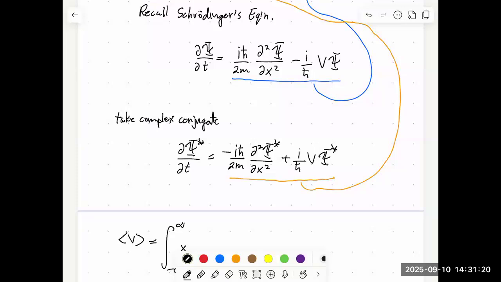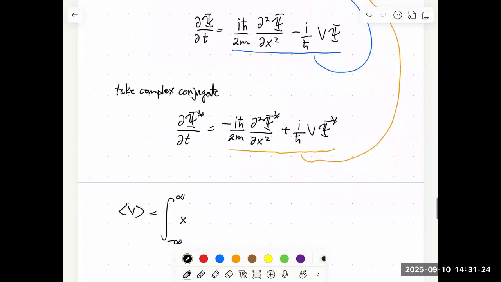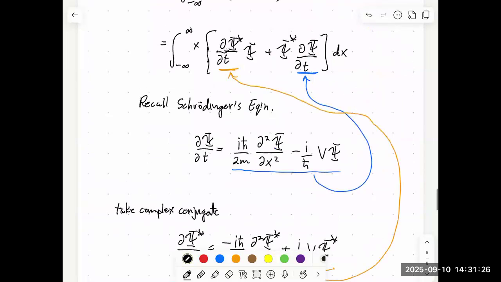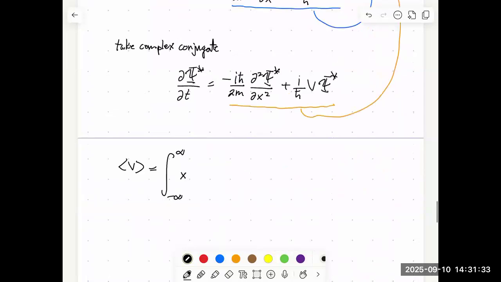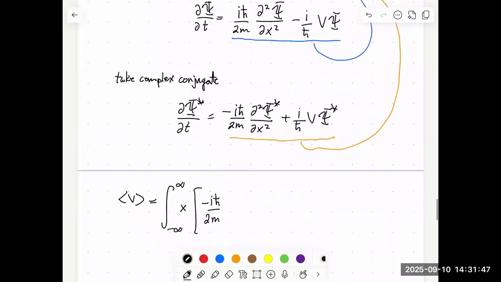I'm a little confused. I see a sign problem, but let's go forward here. All right, so I think it's minus i h bar over 2m, and then it's, oh, okay. Yeah, let's just write it out.